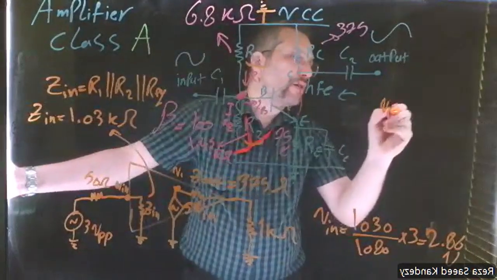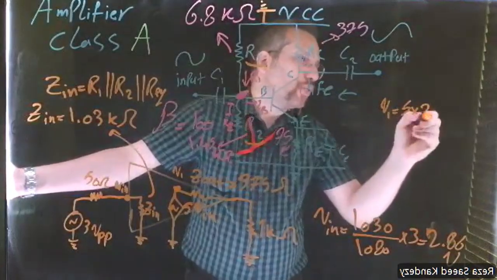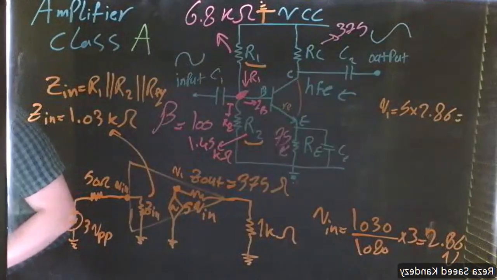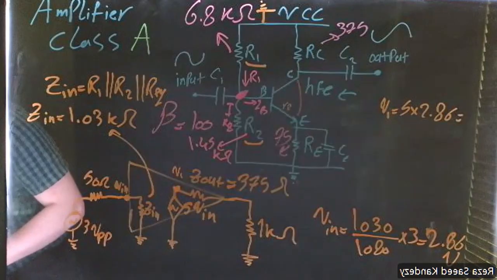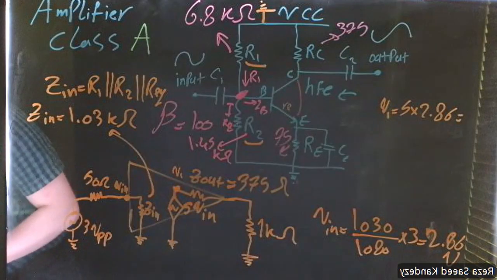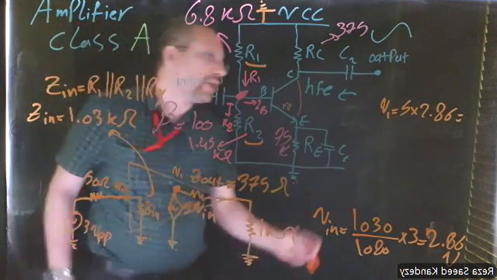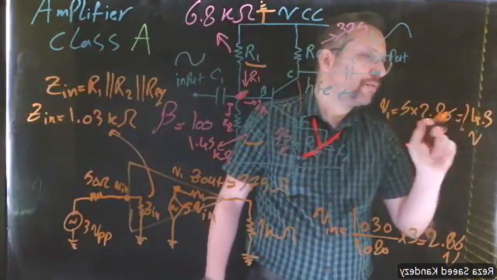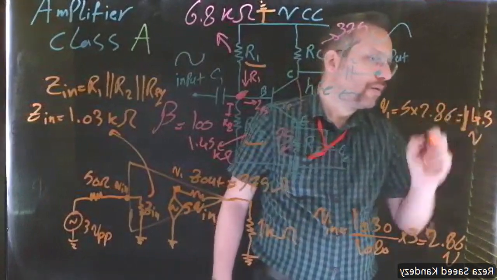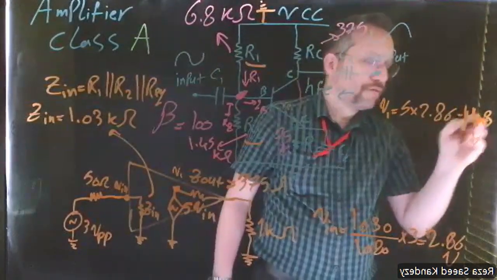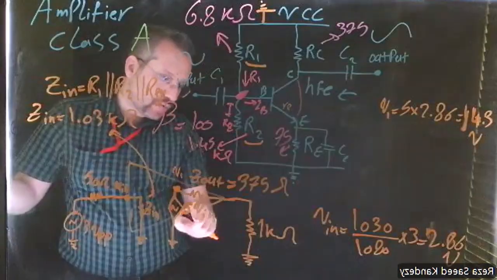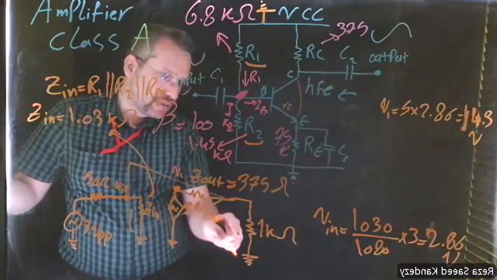The V1 is going to be 5 times 2.86, which is, let me calculate that, 5 times 2.86, which is 14.3 volts. Okay? 14.3 volts. Now, 14.3 volts is across these two.